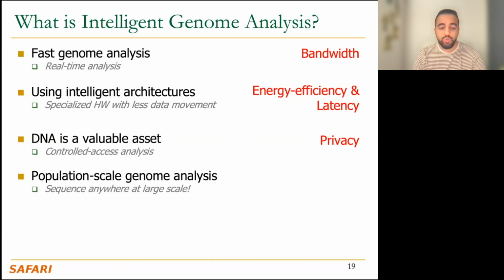We talked about the importance of having very fast genome analysis, but when we talk about entire population or city-scale analyses, then it's not only how fast a single genome analysis is, but also how many genome analyses you can do in parallel at the same time within a given day, for example.